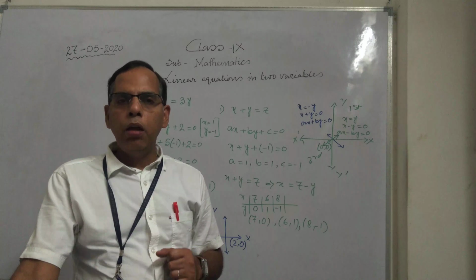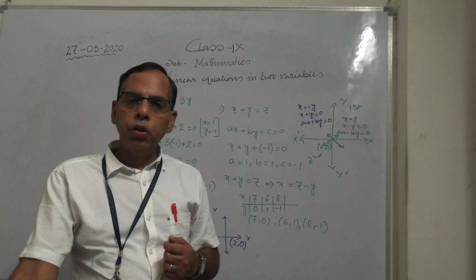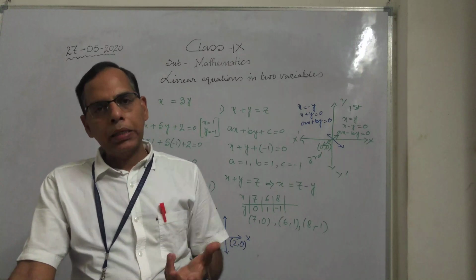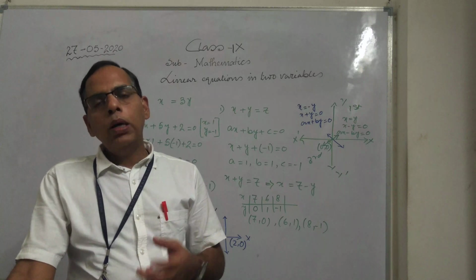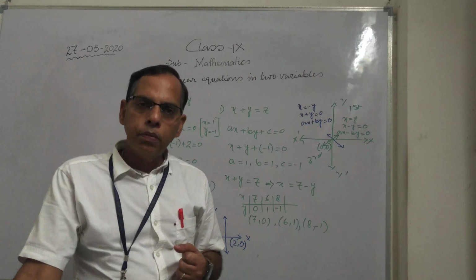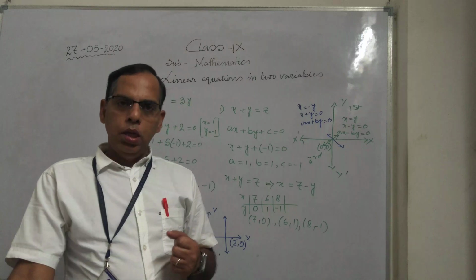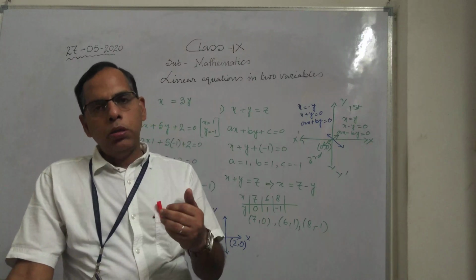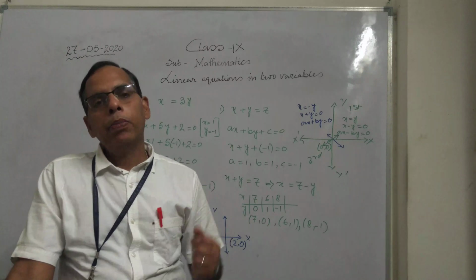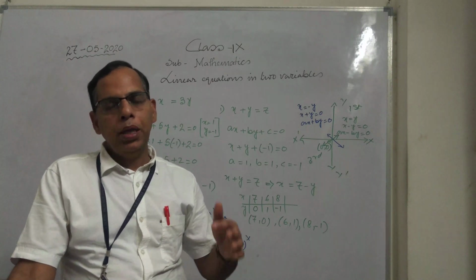What is the other name of the value of x? What is the other name of the value of y? Then what is the equation of a line parallel to x-axis? What is the equation of a line perpendicular to y-axis? How to convert an equation into a standard linear equation in two variable and compare the coefficient values of a and b and c.